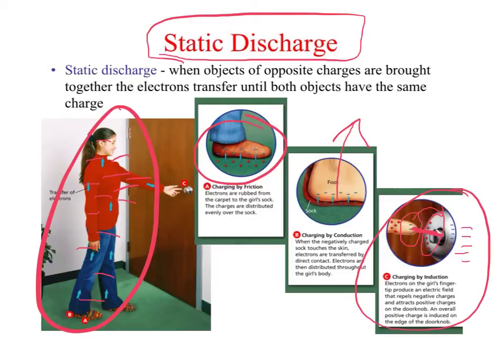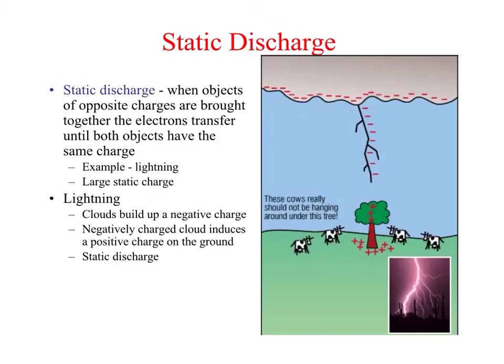Static discharges can be very dangerous. One way they can be dangerous is lightning. Lightning is just a giant static discharge. It's a magnified version. So what happens is the clouds build up a negative charge, and that's because of basically all the wind swirling around creates friction in the air, and so it builds up electric charges.